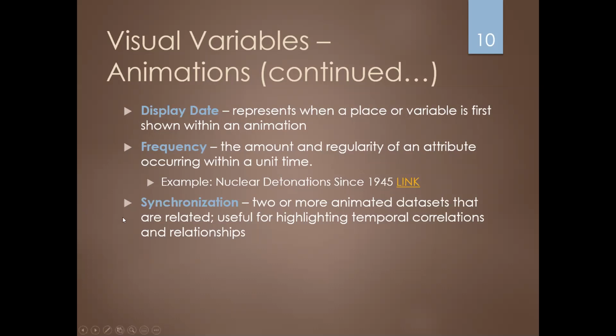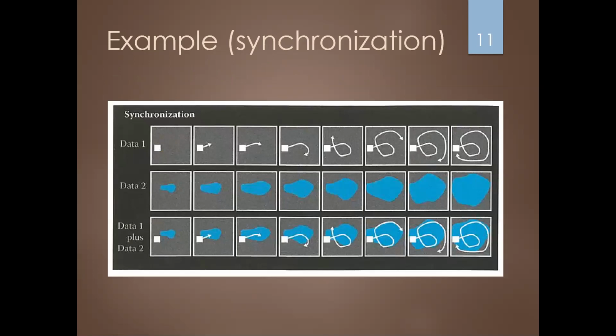And another variable is called synchronization. 2 or more animated data sets that are related, used for highlighting temporal correlations and relationships, which means that in one animation, you want to address 2 or more data sets or 2 or more features. Examples here. So we have data set 1, we have data set 2.